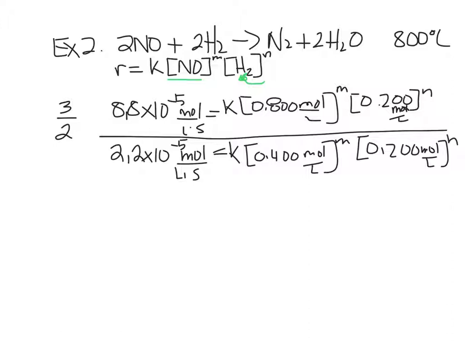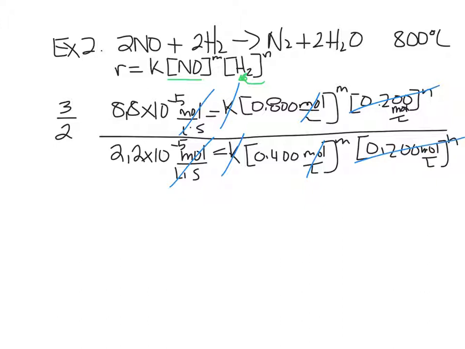So, cancel out what's on the top and the bottom. K is gone. Mole per liter per second is gone. The units are gone because they are to the same exponent. And then H2 is gone because that also stays constant.